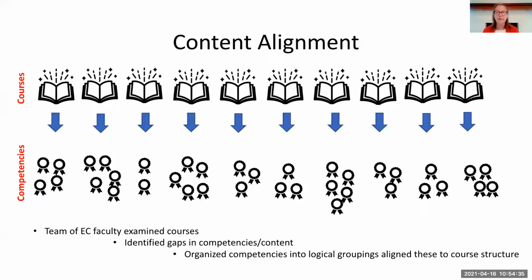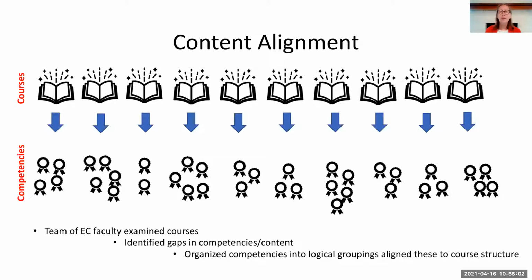And we came up with a slate of 37 competencies that we aligned to 10 courses. You can see in this graphic that in this particular program, not true in even all the Walden programs, and certainly not in programs across institutions, there was not a set number of competencies that aligned to a course.